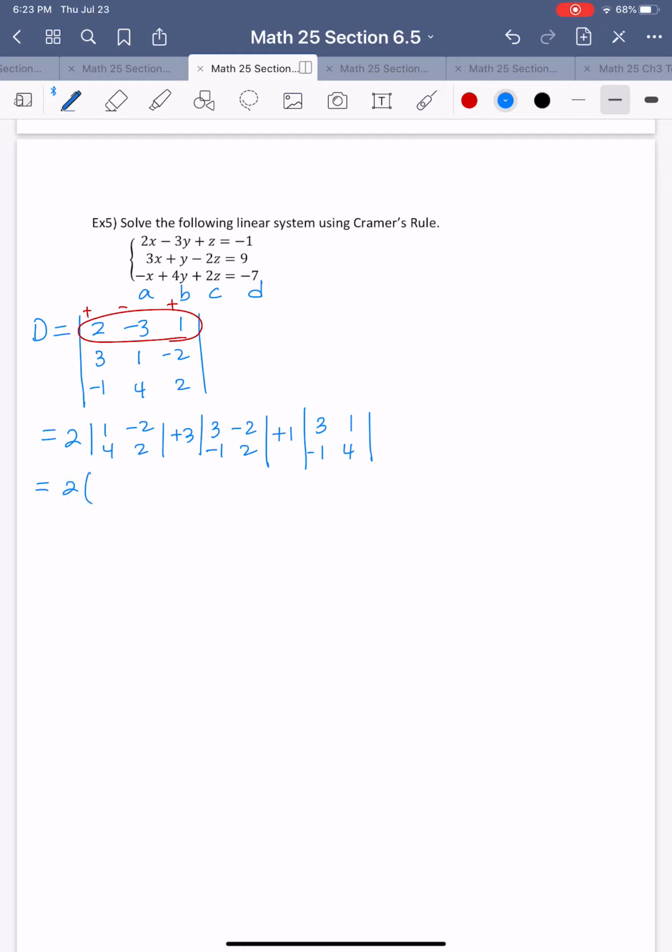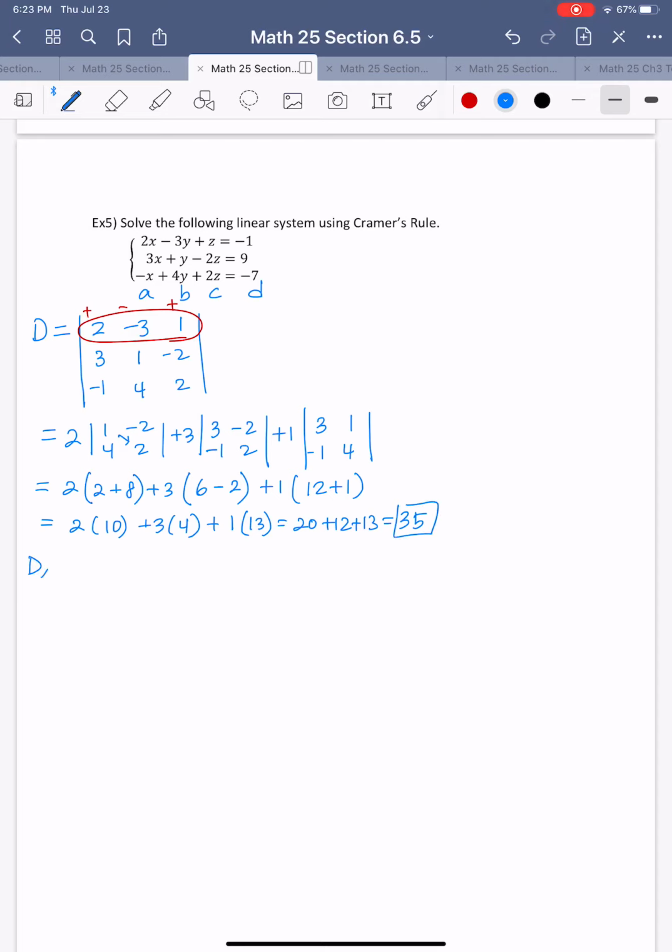So I got 2 times 10, 3 times 4, and 1 times 13. That's 20 plus 12 plus 13. I got 35.